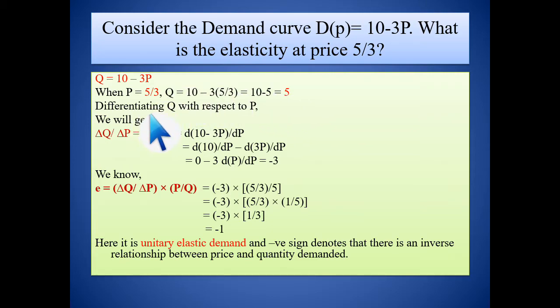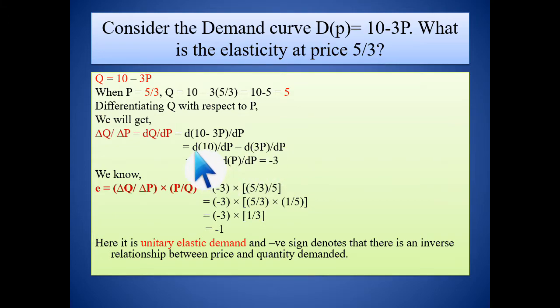Now we will differentiate this Q with respect to P. Why will we differentiate? Because this change in Q divided by change in P we will require to find out elasticity. This change in Q by change in P is nothing but differentiating Q with respect to P, that is dQ by dP, as you have all studied in your plus 2 classes in maths. So the derivative of 10 minus 3P with respect to P: we take the 10 on one side and the 3P in another form.